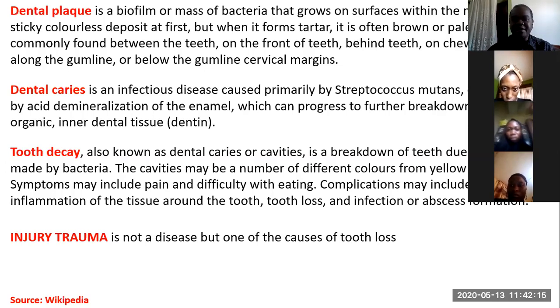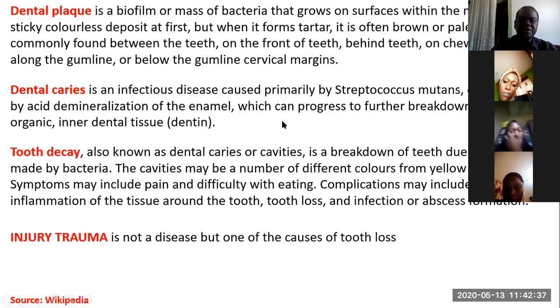We have the dental caries, which is usually caused by bacterial infections. An example of that is Streptococcus mutans. These are bacteria that cause demineralization of the enamel of a tooth, and eventually break down the tooth and it gets to the dentin. Dental caries is a very bad disease that can make an individual lose his teeth if it's not attended to.